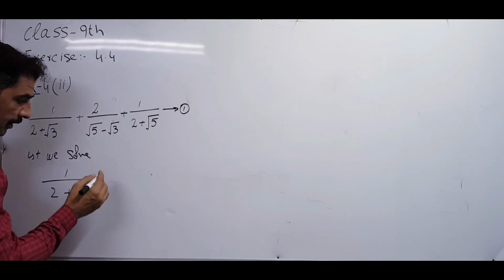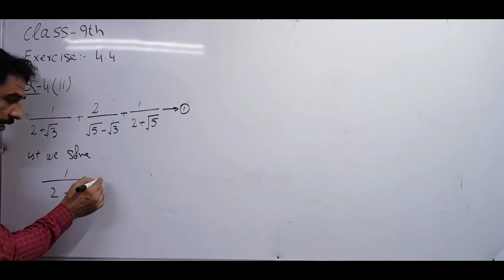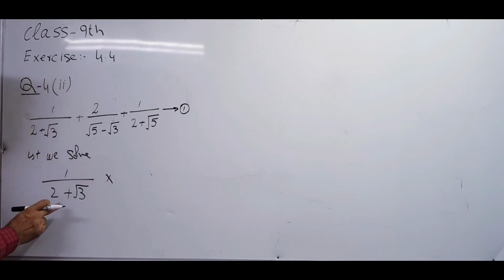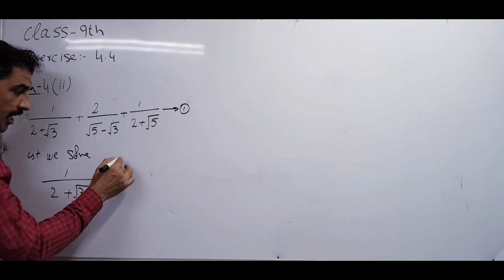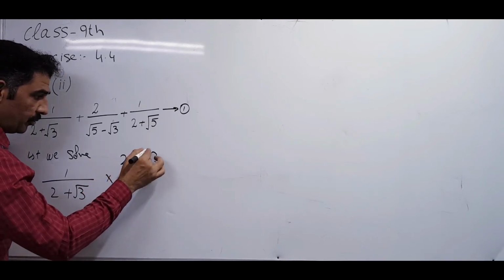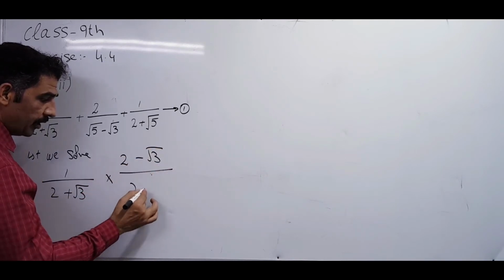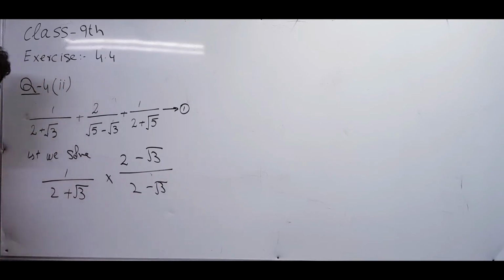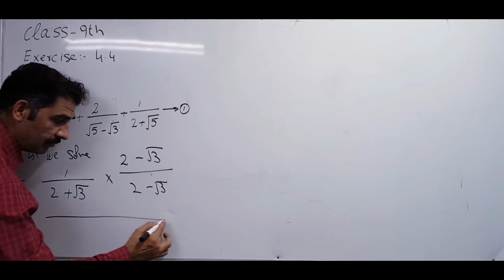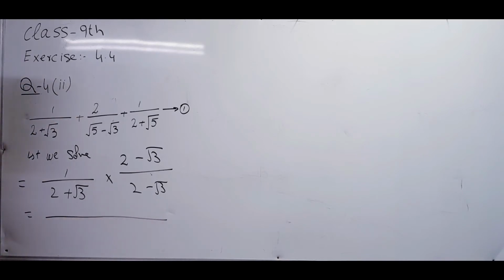Okay? So how to simplify this one? According to the rule, multiply and divide by its conjugate. That will become 2 minus root 3 over 2 minus root 3. Right? In the denominator, that is the formula, the same formula which we are using so many times. What is that?